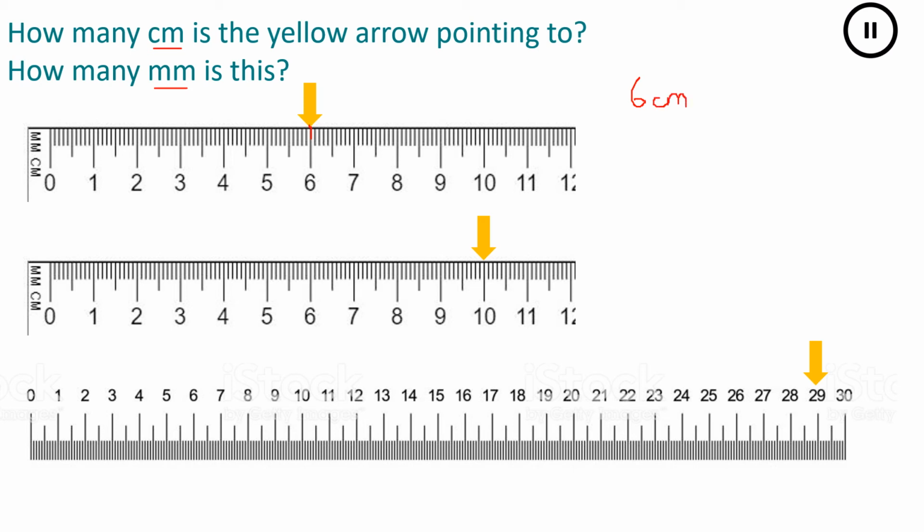To convert this into millimetres, I know I need to multiply by 10. So I know that 6 times 10 is 60 millimetres.